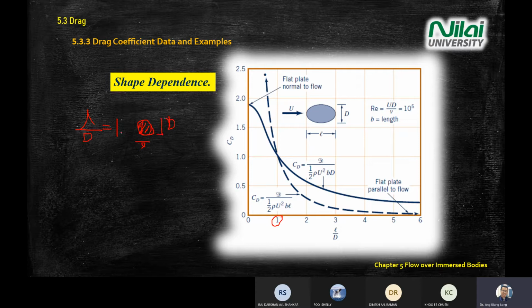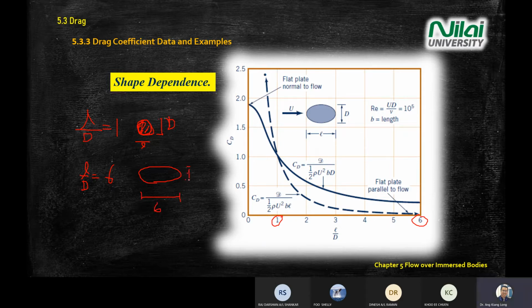So you have an ellipse or a square, circle or sphere, a complete sphere. What is meant by 6? L over D is 6. So let's say your D doesn't change, and you have a lengthy object, this is 6, this is 1.